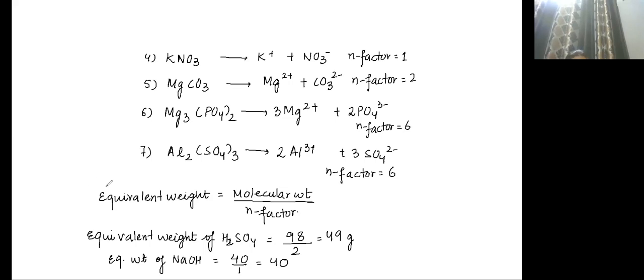Next is gram equivalent. Done, class? If this is done, can I proceed further?